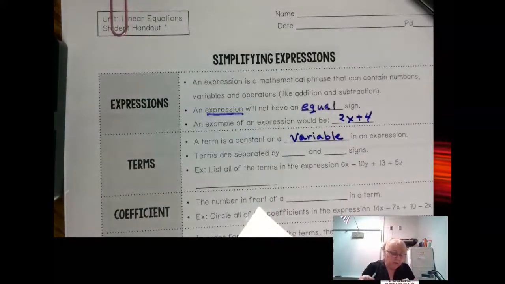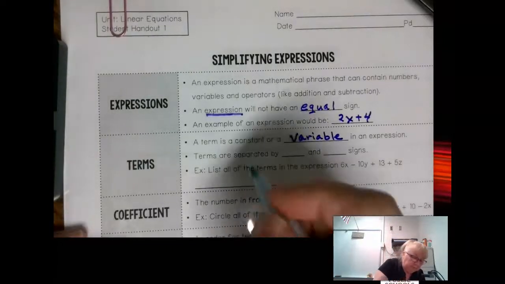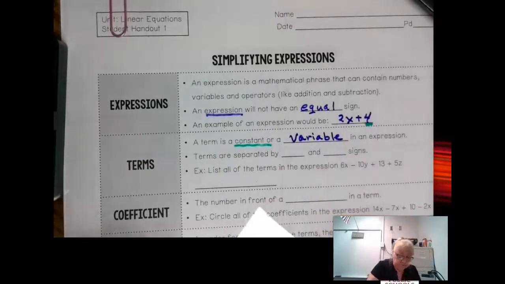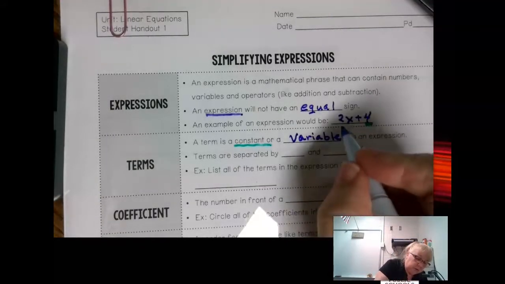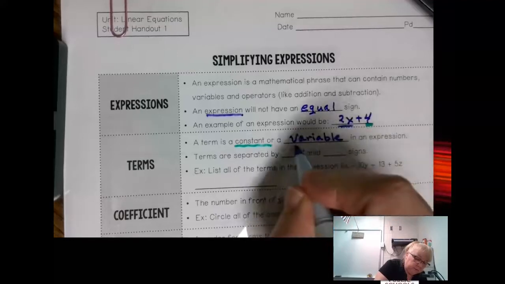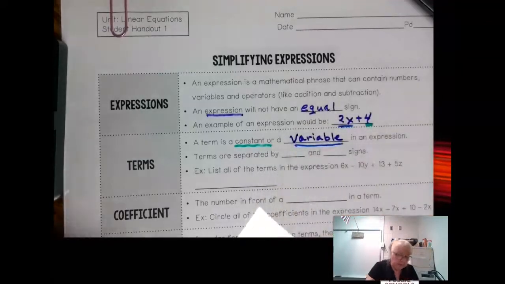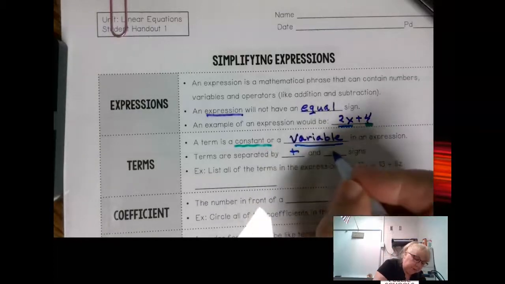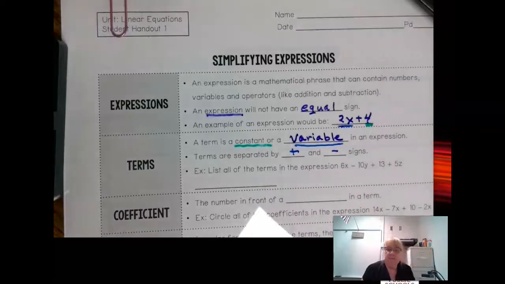So in the expression that I wrote above, we have a constant term of 4, and we have a variable term of 2x, because it has that x. Terms are separated by plus and minus signs.